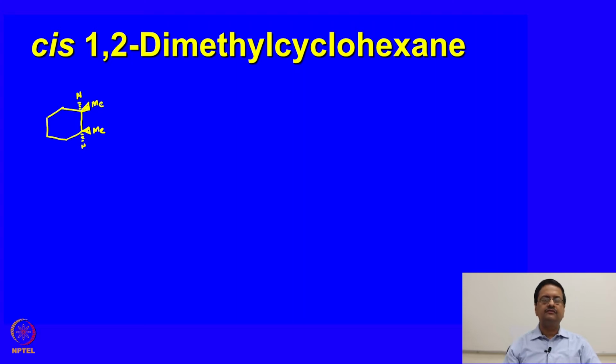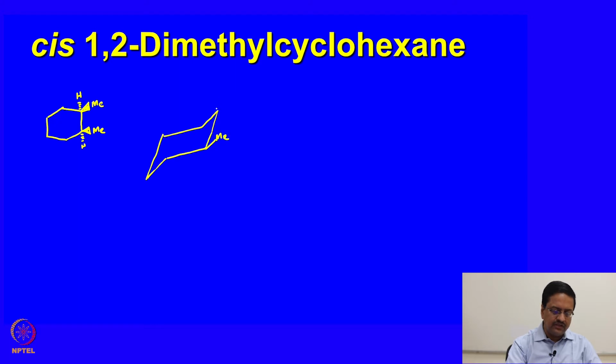So when we try to draw this molecule in the chair form, we should remember that both the methyl groups should remain in the upward direction. So if we try to draw the cyclohexane in chair form, we should draw this 1,2-dimethyl in this fashion. This methyl group here should be up, and the other methyl group on that carbon also should be up.